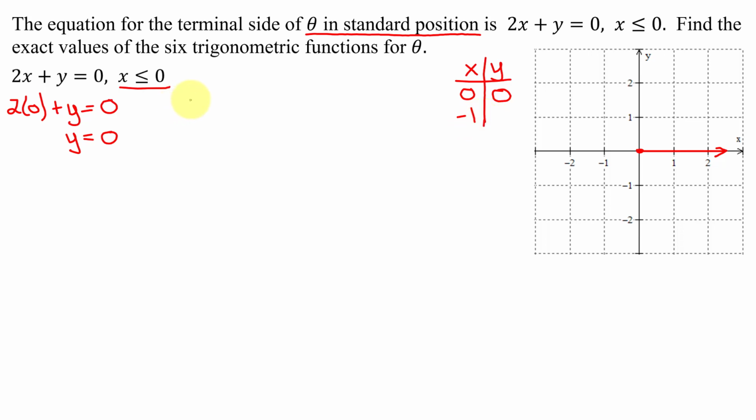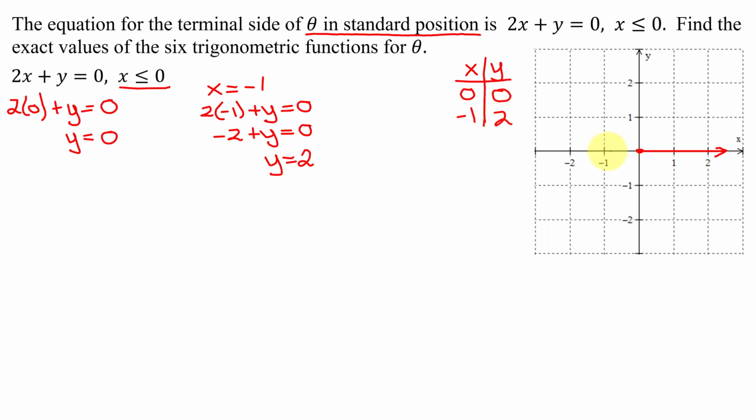So when x equals -1, substituting it into this equation, I get 2 times -1 plus y equals 0. 2 times -1 is -2 plus y equals 0. Adding 2 to both sides of this equation, we get y equals +2. So when x is -1, y equals 2.